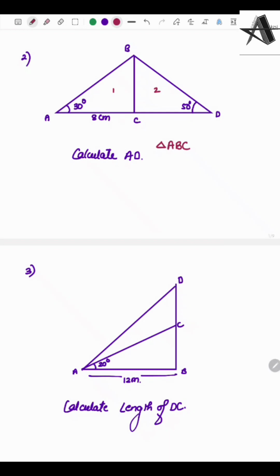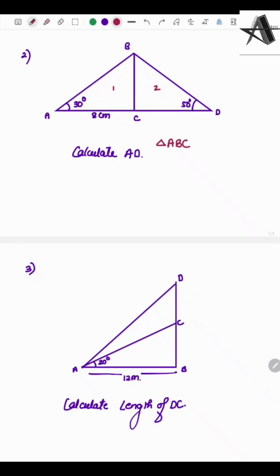Again, what I'll do is label opposite, hypotenuse and adjacent. The side opposite to this angle is opposite. The side that is connected with this angle is adjacent. If I want to calculate opposite, and I have adjacent, I need tan theta.